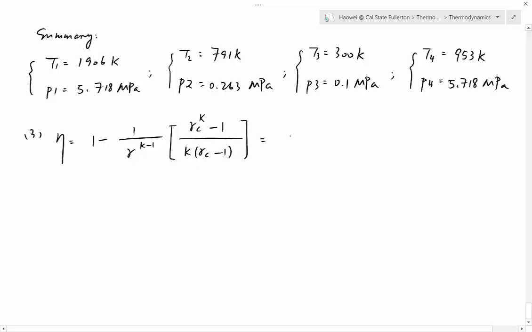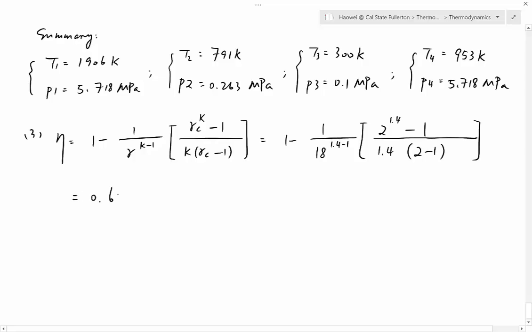And then plug in numbers. And the solution to efficiency is 0.632.